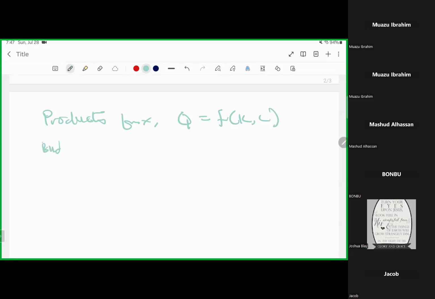And we now have our budget constraint function, which is given as M equals price of capital times capital plus P, price of labor, times labor. So in this particular case, a firm wants to maximize.